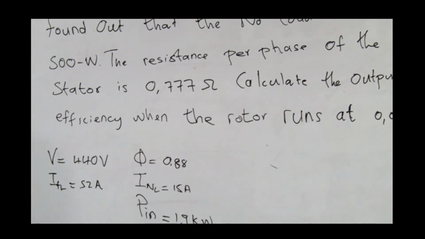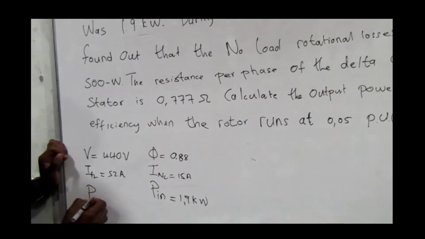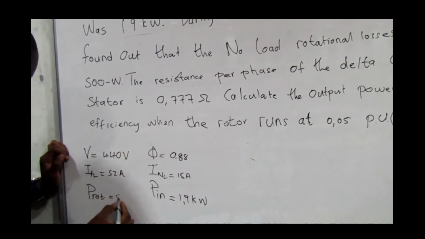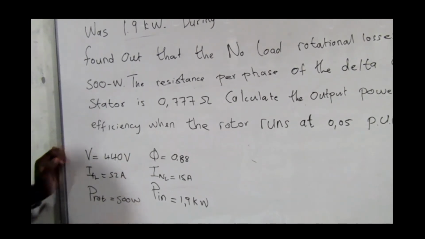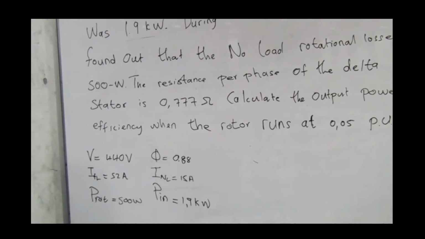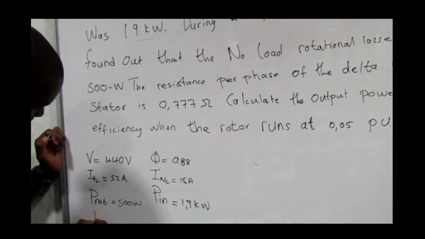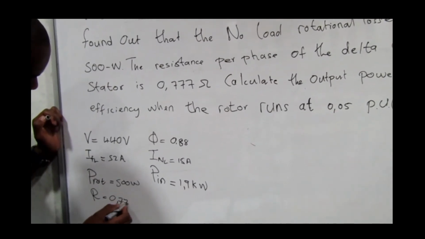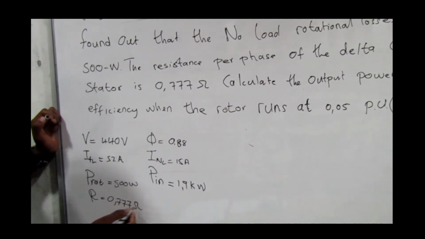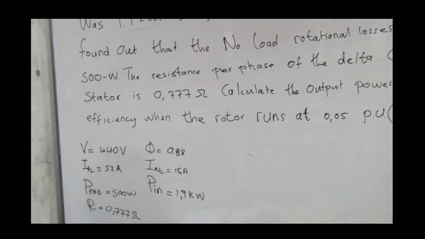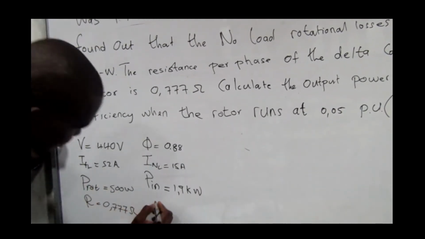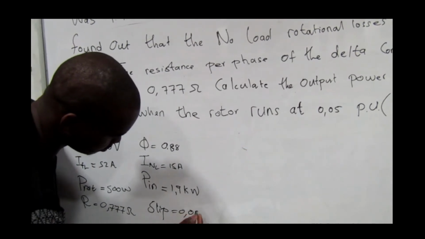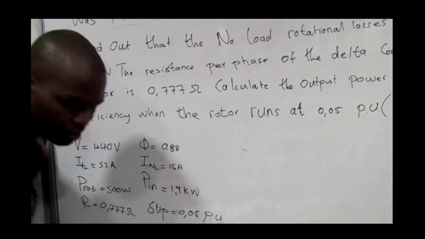What else are we given? We are given the rotational losses, P rotational equals 500 watts. The resistance of the stator is 0.7 ohm. Slip is equal to 0.05 per unit.